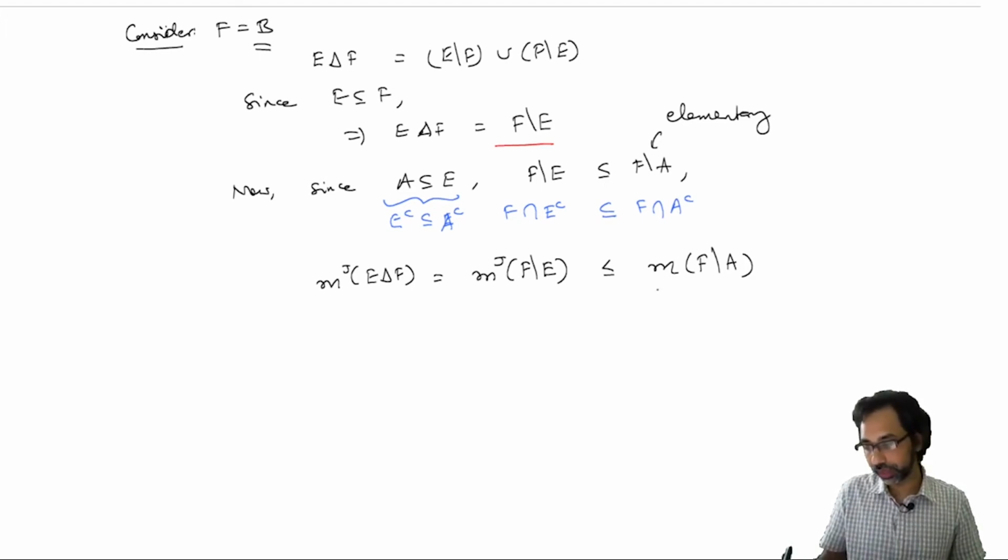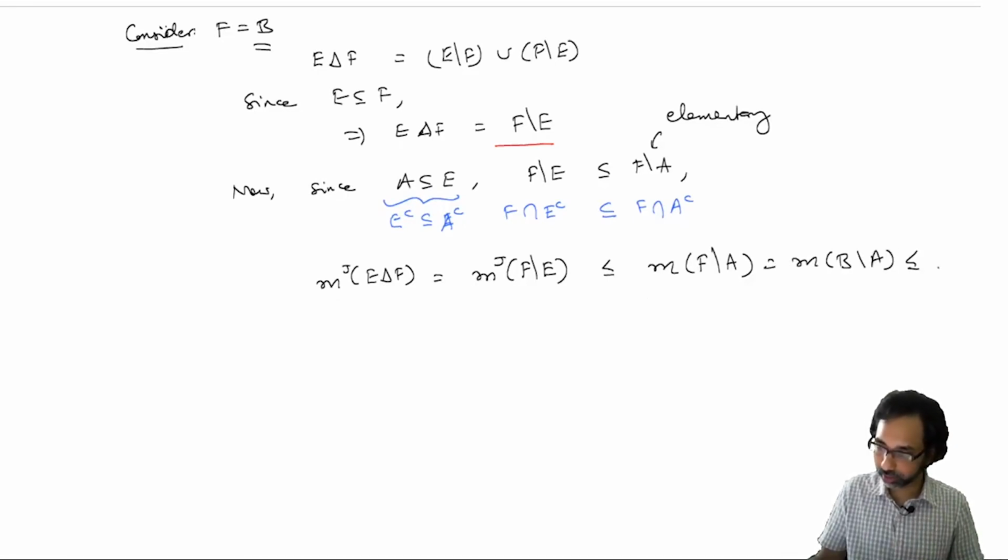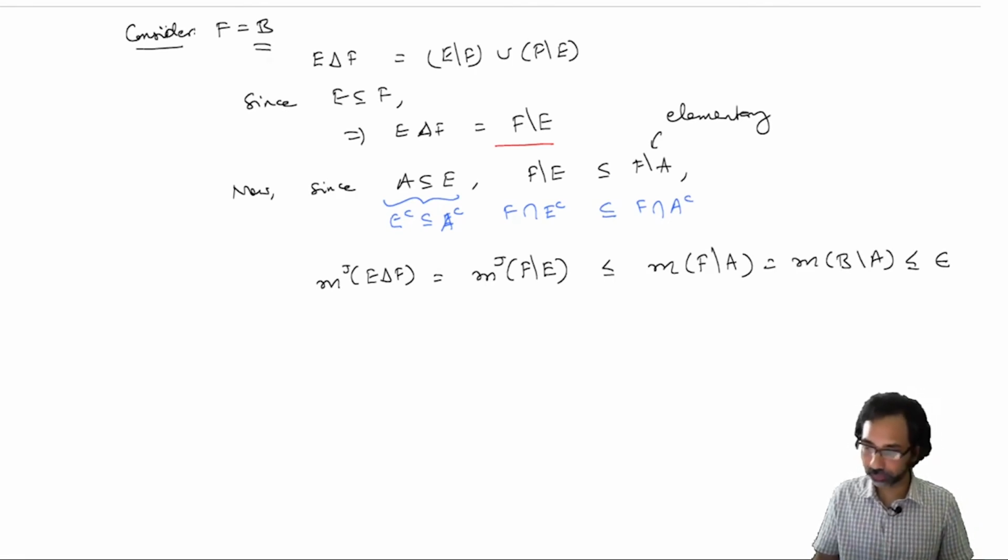Therefore this outer Jordan measure of F minus E is less than or equal to the measure of F minus A. But since F was equal to B, this is B minus A, and we know that this is less than or equal to epsilon.